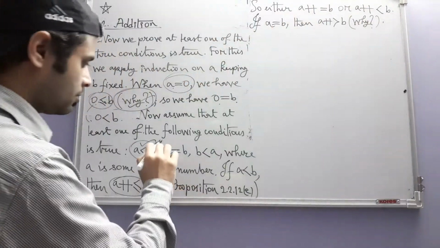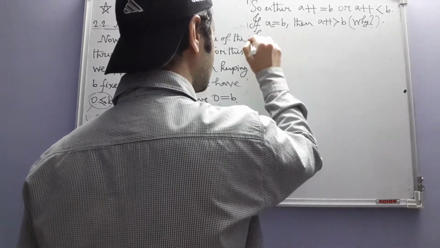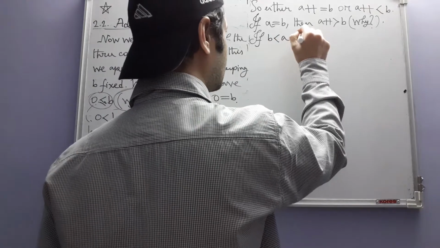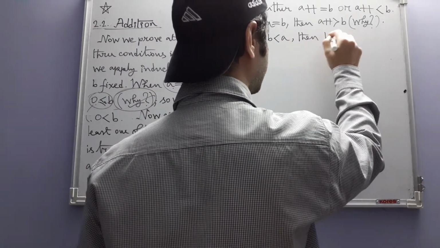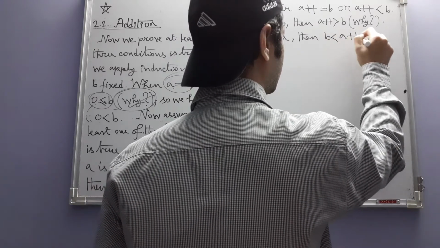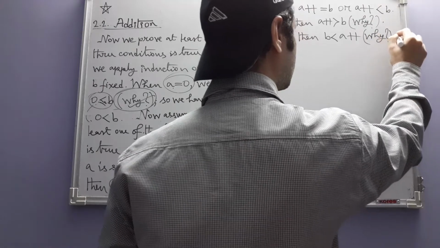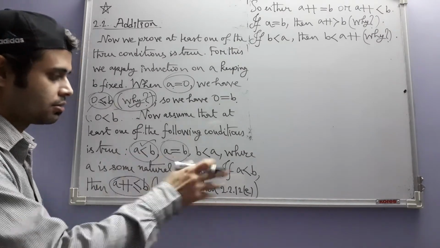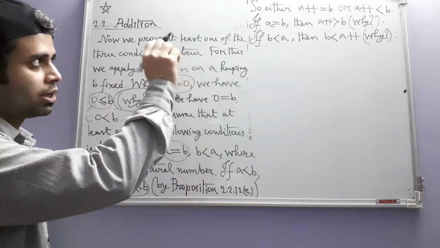And one more condition is there: if b is less than a, then again a plus plus is greater than b. Why? So assuming that these whys have been answered, now I have the result when I have a plus plus in place of a.